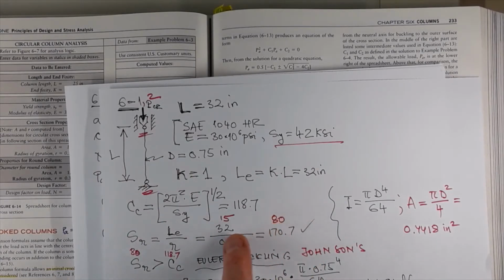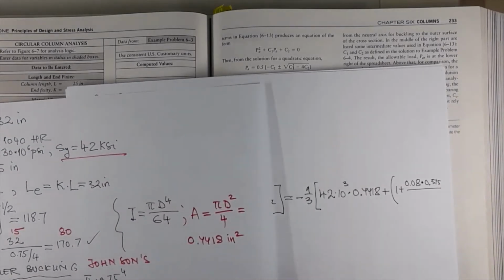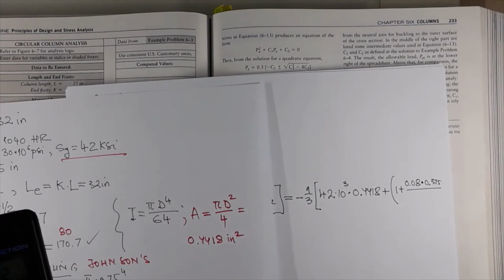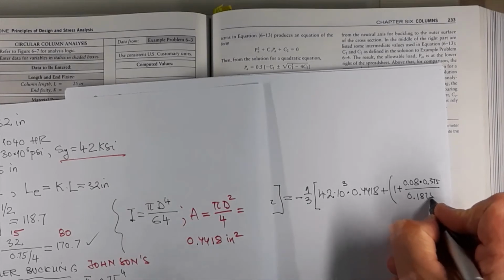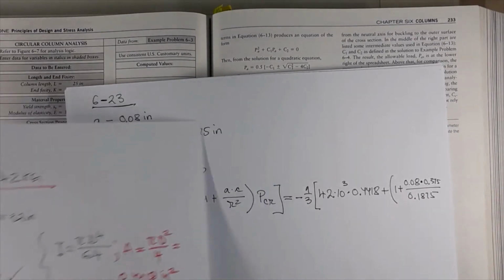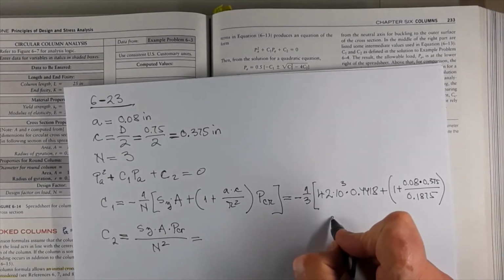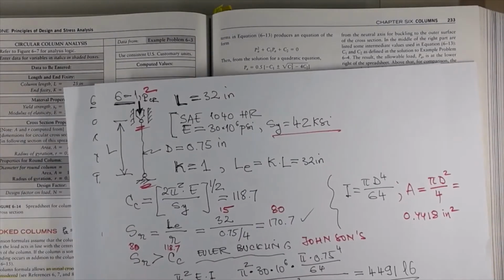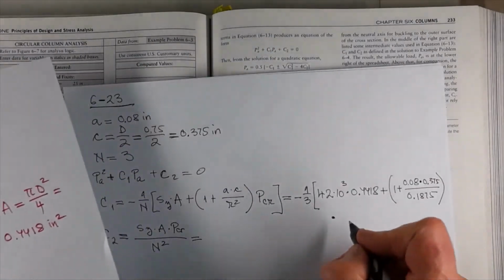We had that calculated too. That's the radius of gyration, 0.75 divided by 4, so 0.1875. Okay, and then times the critical load from Euler. That's 4,491,404,091.